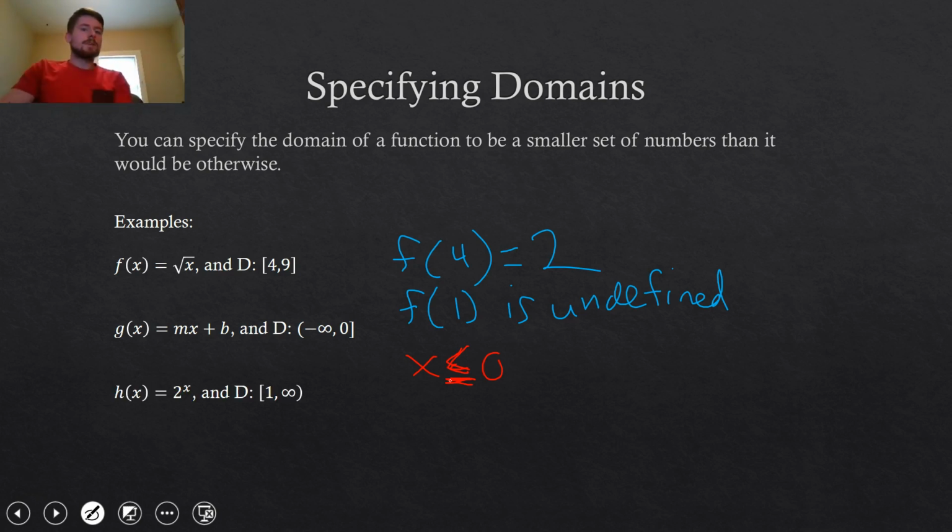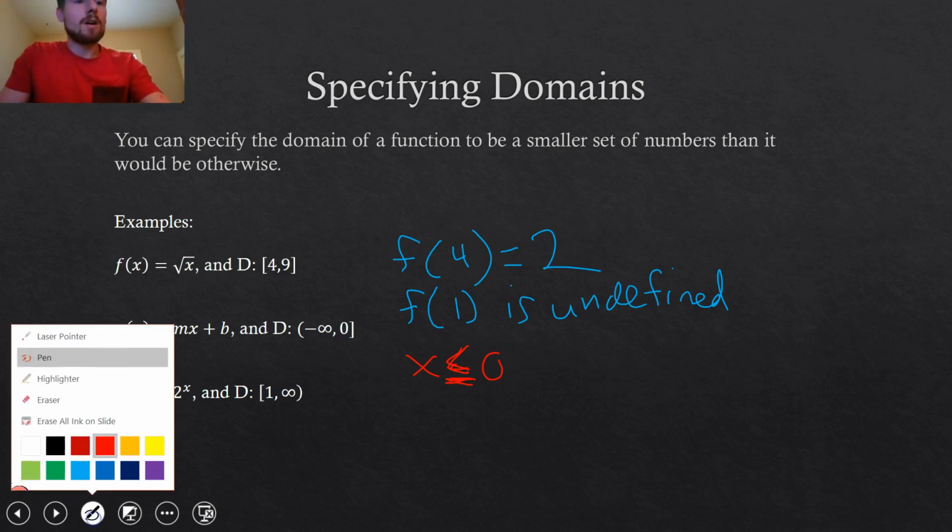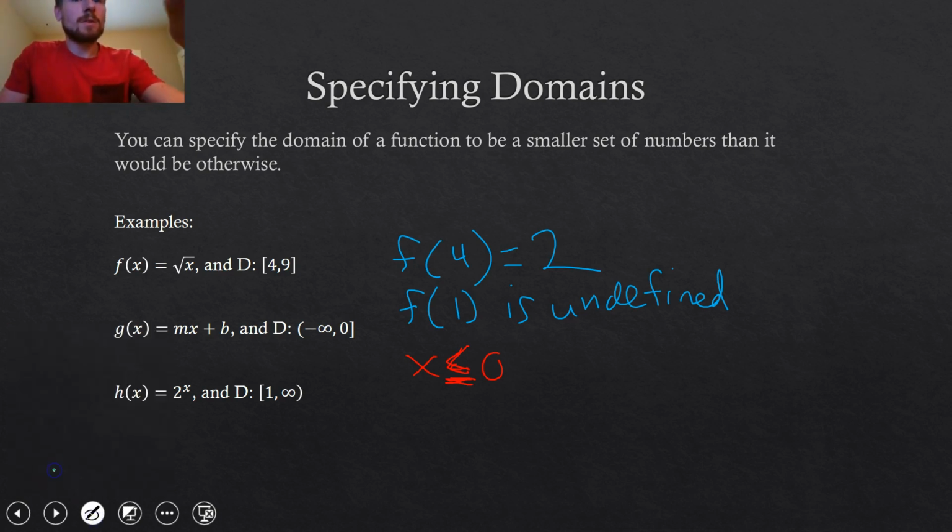You could also specify the function we had earlier for h of x. We get to say we want to plug in only numbers from 1 to infinity, so we only want numbers that are 1 and larger. So this would be 1 less than or equal to x. You can plug 10 in, you could plug 100 in, but you're not allowed to plug in 0 or 0.5, etc.